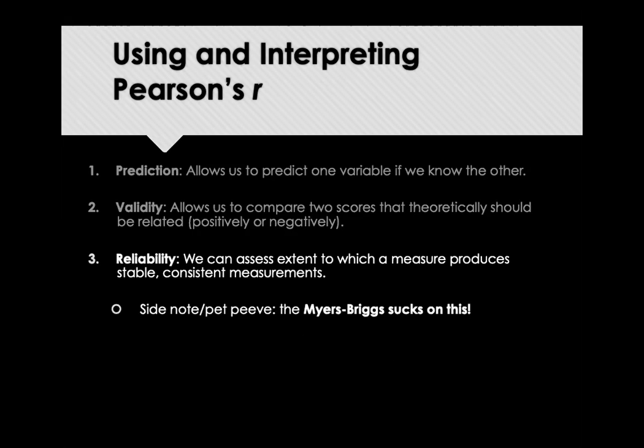Similarly, reliability. We can assess the extent to which a measure produces stable, consistent measurements. If my new measure of depression, my 10-question depression scale, is a good measurement tool, then it should produce stable, consistent results, right?